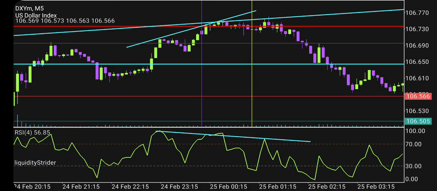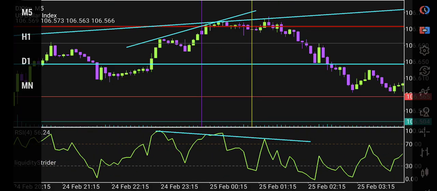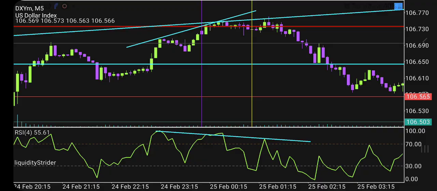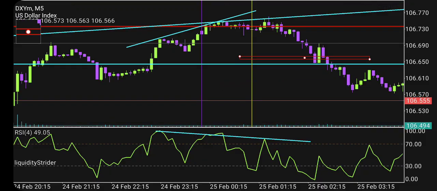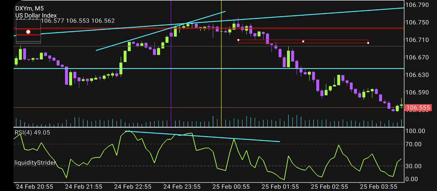So zooming in here, I see the gap here with this week.